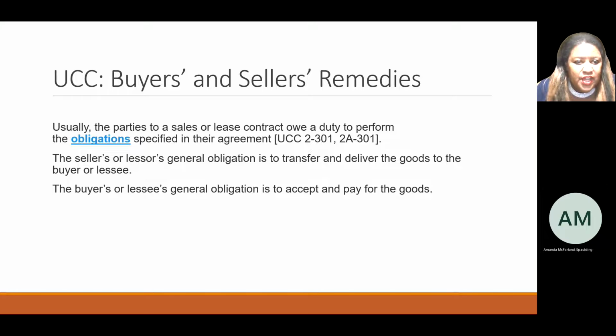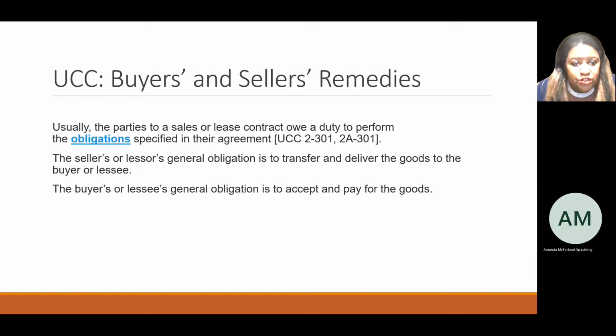In every contract, you have to have 3 elements: offer, acceptance, and consideration. Usually the parties to a contract owe the duty to perform the obligations and promises that are specified in the agreement. You can find that in UCC 2-301.